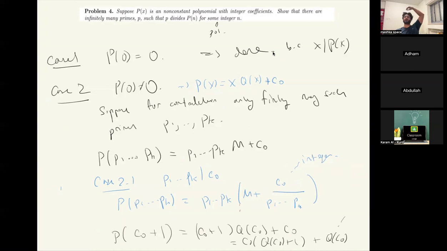It could have a lot of things. I don't know how to get a handle on this, because you want to plug in something for x that forces you to have a new prime factor.